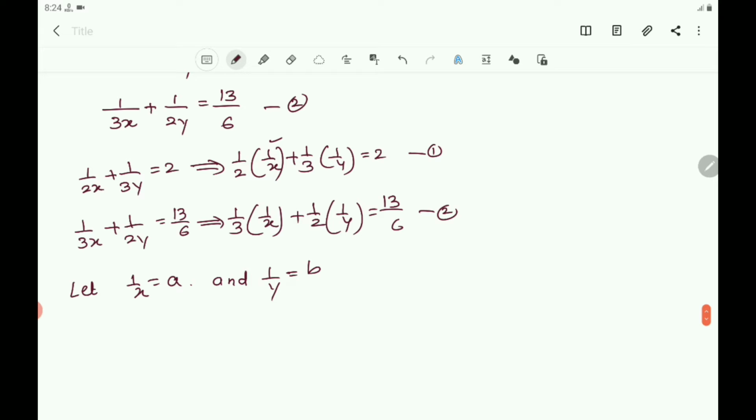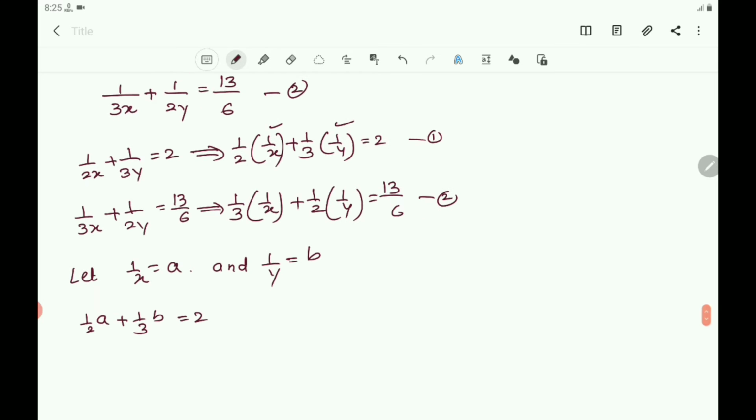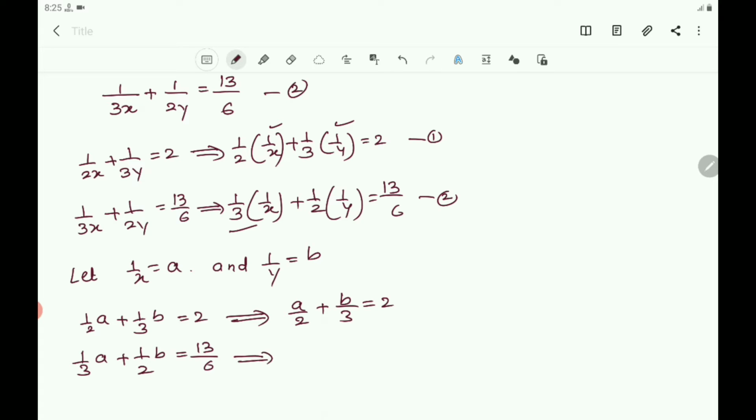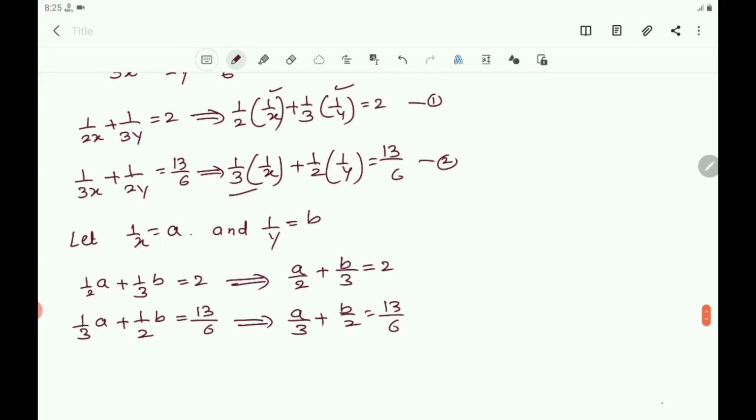Then the first equation becomes 1/2 into a plus 1/3 into b equals 2. The second one becomes 1/3 into a plus 1/2 into b equals 13/6. That is, a/2 + b/3 = 2 is the first equation, and a/3 + b/2 = 13/6 is the second equation.